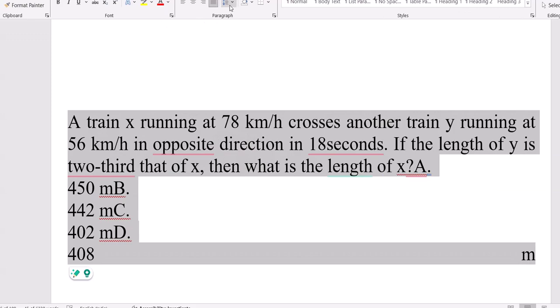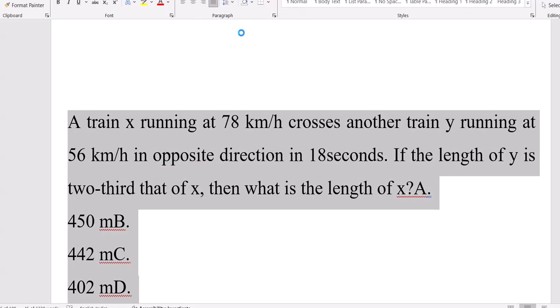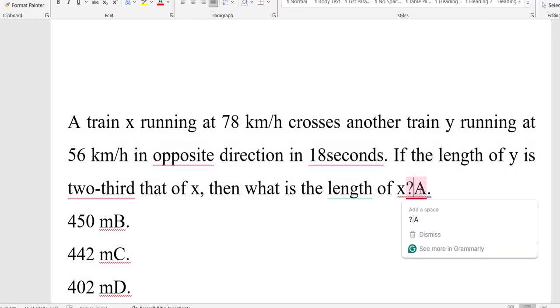Everybody look into this. The same question that you were asking about.